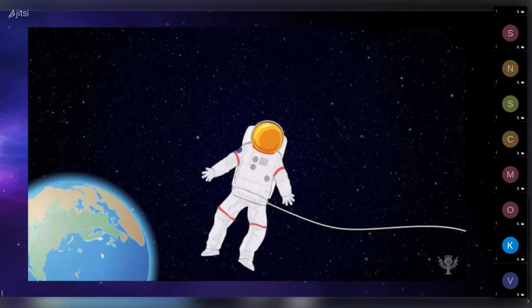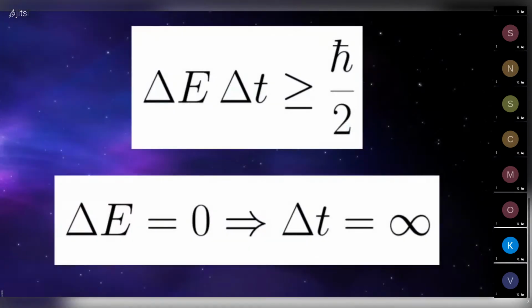Okay. So what I was telling is, if we say that energy is not present in a region of space, then we're actually violating an important principle called Heisenberg's uncertainty principle. Heisenberg's uncertainty principle says that delta E times delta t is greater than h bar by tau.